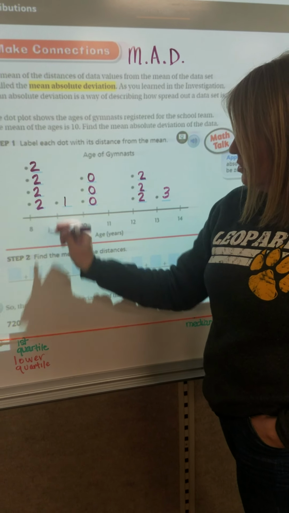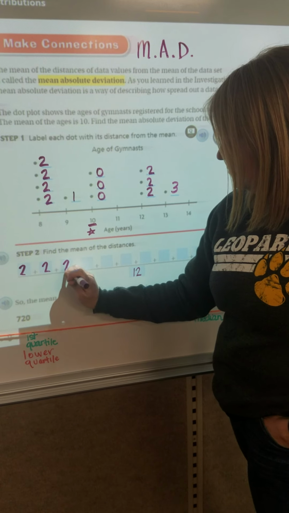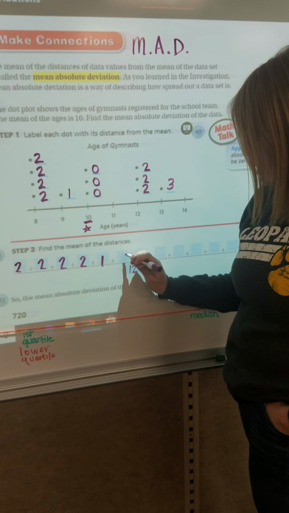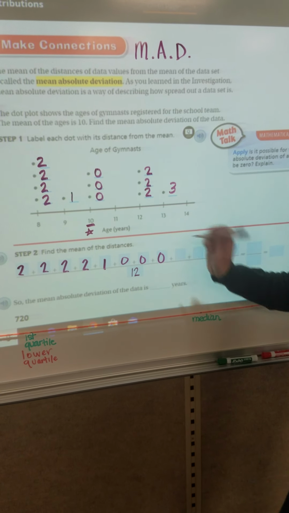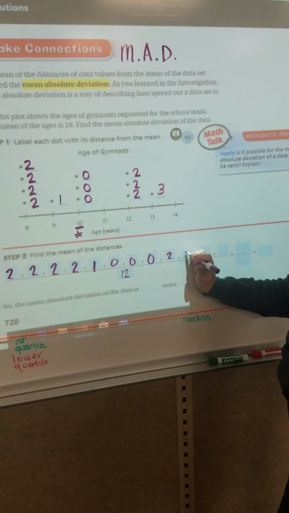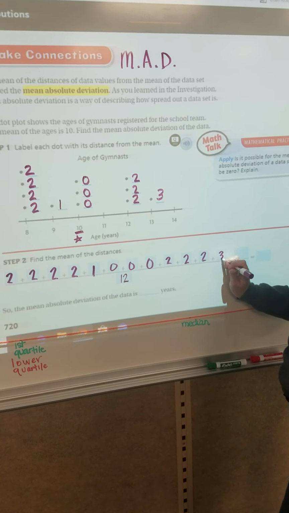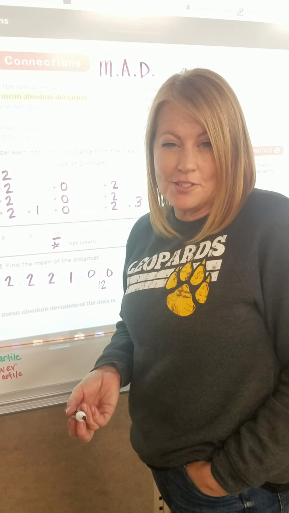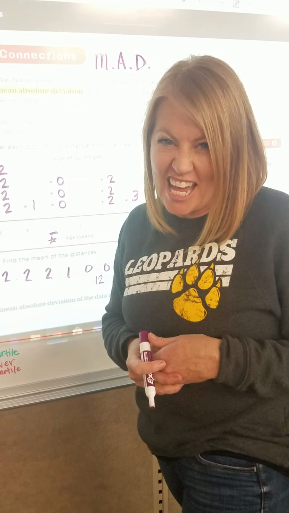So we had 4 2s, 1 1, 3 0s, 3 2s, and 1 3. One of the good things about doing mean absolute deviation is usually your data values aren't super spread out, so it's easy to add in your head.